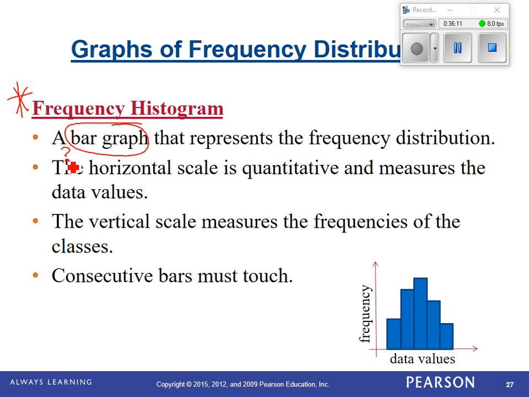When we do this, should these two bars touch? Does it make sense for them to touch? No, they shouldn't touch, because they're two completely different groups. That's a bar graph. Bar graphs usually have categories down here of some kind.